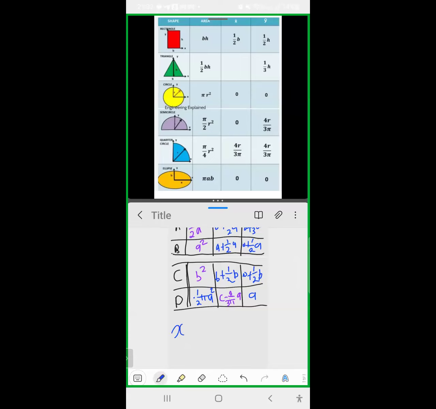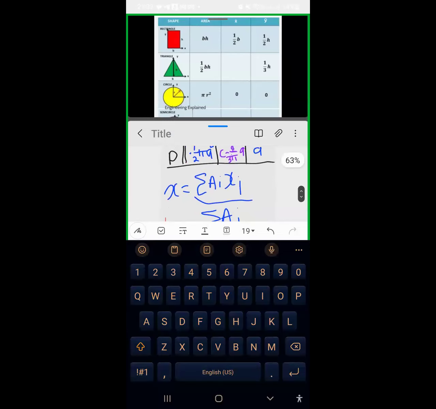So in this case, the x center of mass is going to be given by the sum of all the areas Ai multiplied by the corresponding x coordinate of the center of mass, divided by the total area. This is the equation. So let's go ahead and do that.